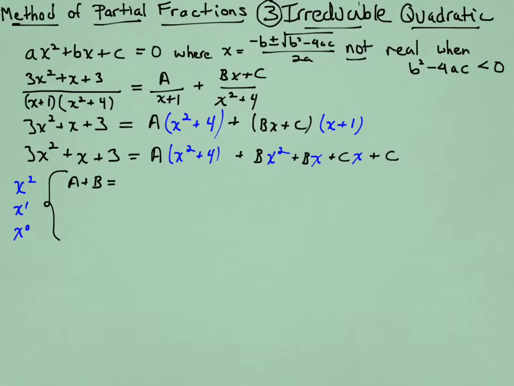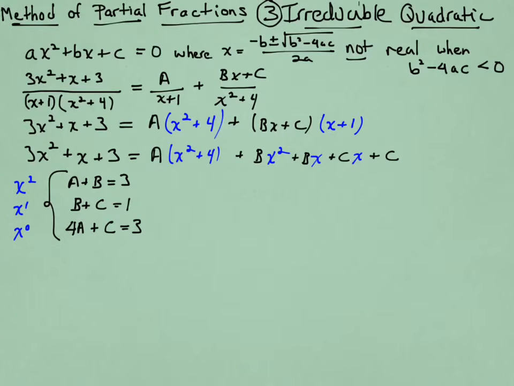So let's look at degree 2 first. There's an ax squared and a bx squared, so a plus b should give me 3. For the degree 1s, it looks like there is bx plus cx, and that should give me a coefficient of 1. And then for the constant term, there's a 4a plus c, and that should agree with the 3 over here.